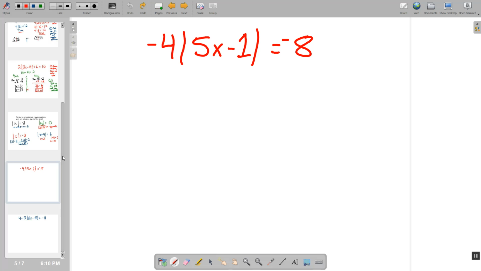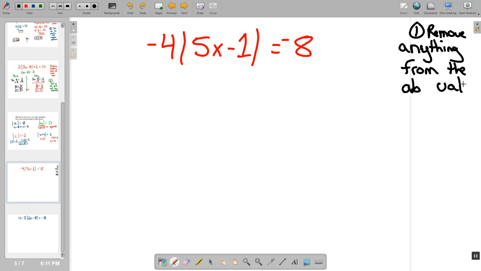For the first problem, before we do anything else, we need to remove anything from the absolute value side except the absolute value itself. So in this problem, that means we need to remove the negative 4 by dividing both sides of our equation by negative 4.